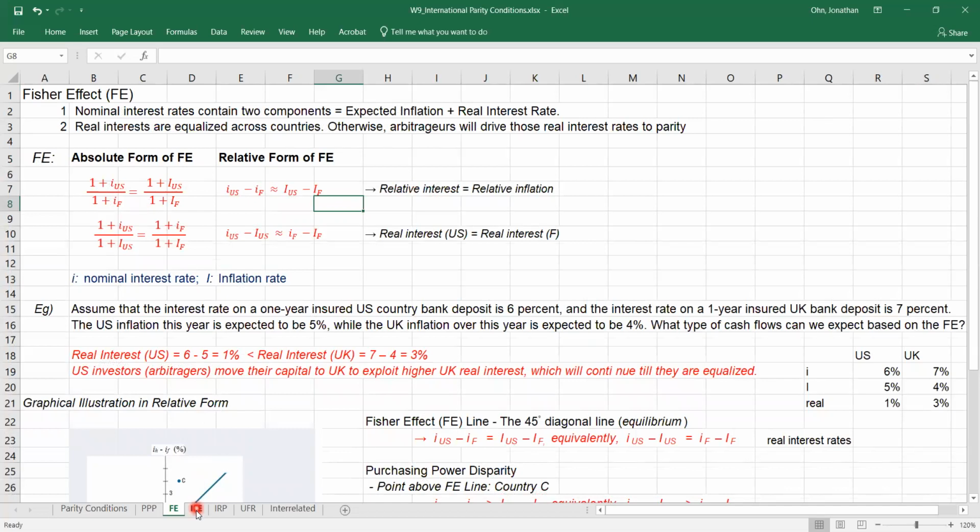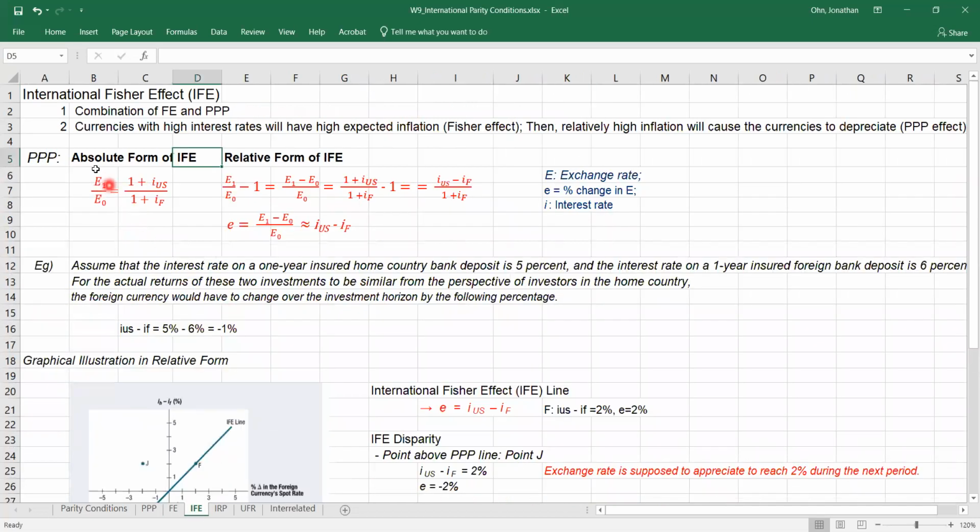So the international Fisher effect matches the exchange rate and interest rate, and there is a link through purchasing power parity and Fisher effect. That's why we have this equality, interest rate, not inflation.